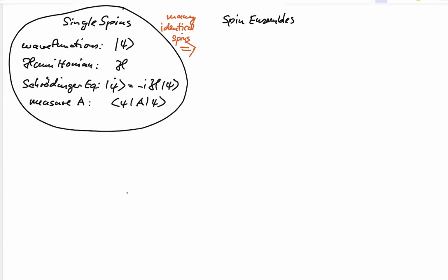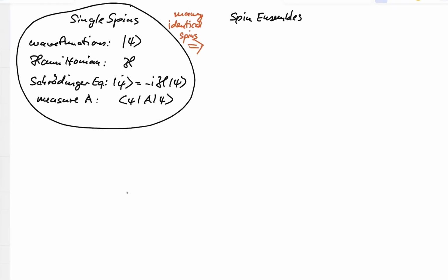We have a different function to look at the underlying states. And this is the so-called spin density function, which is just called rho, and it is the dyadic product of psi ket times psi bra.